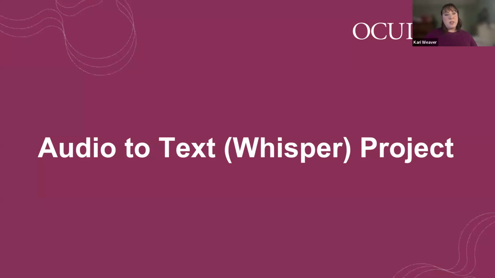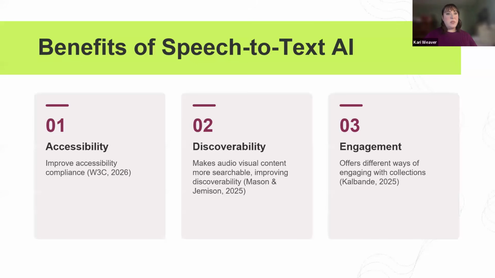So at this point, we're going to hear in just a minute from Harpinder, but I wanted to talk very briefly about why speech-to-text artificial intelligence was identified as a priority item for our exploration at the consortium.